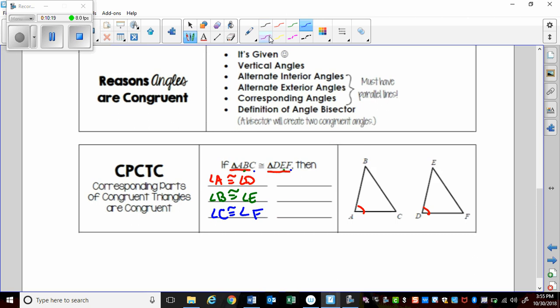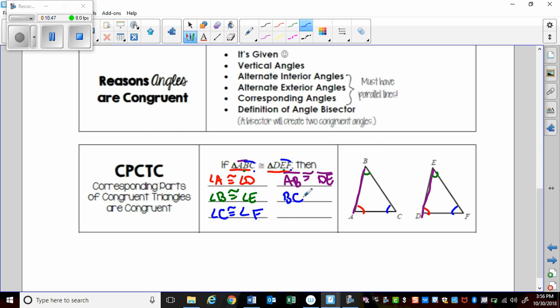And now I can also say my sides. Side AB, I'm writing them in, is congruent to side DE, my first two and my first two, AB and DE. B and E, and then C and F. I know that my last two and my last two are equal.